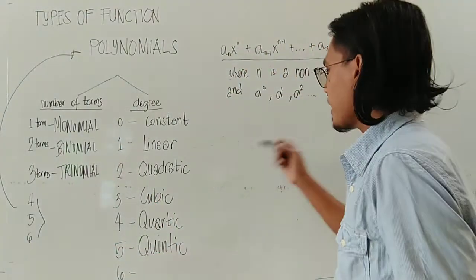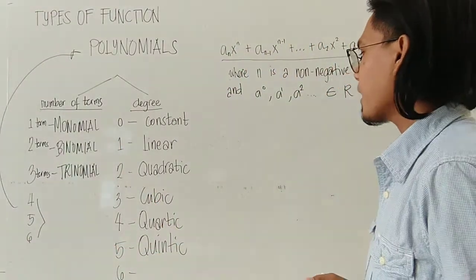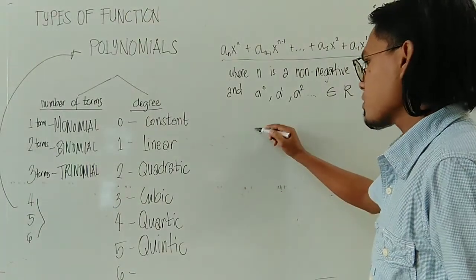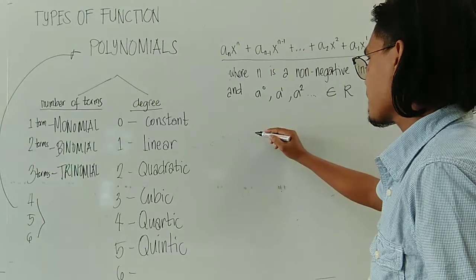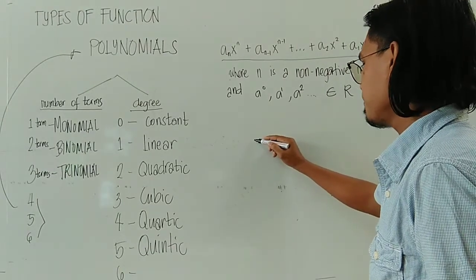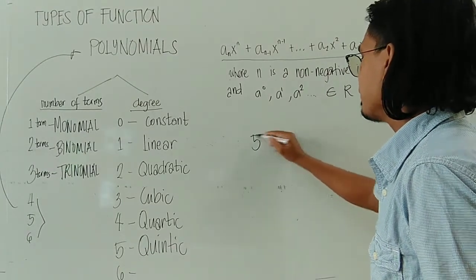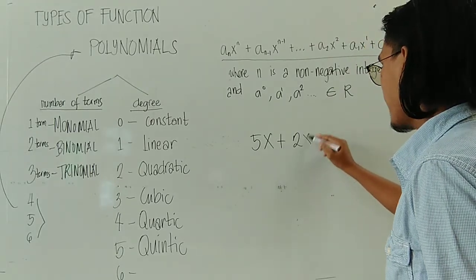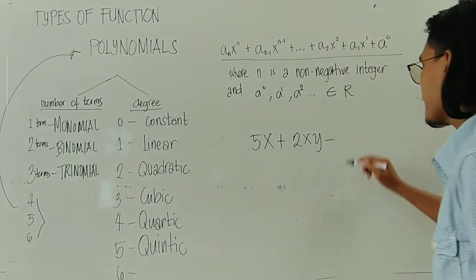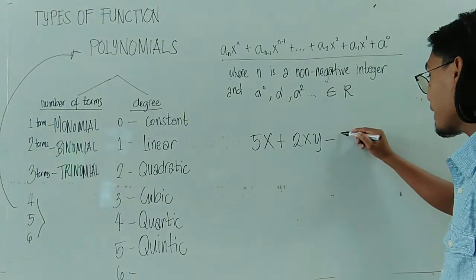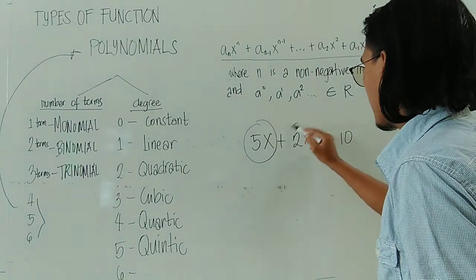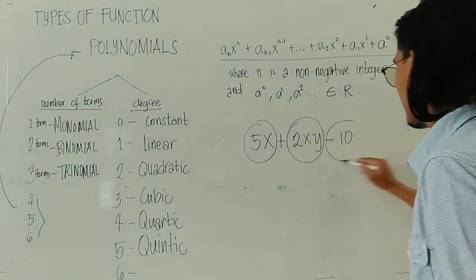So let's go to examples of monomial, binomial, and trinomial. I will start with the trinomial. An example of a trinomial is 5x plus 2xy minus, for example, minus 10. So it has three terms. Okay?